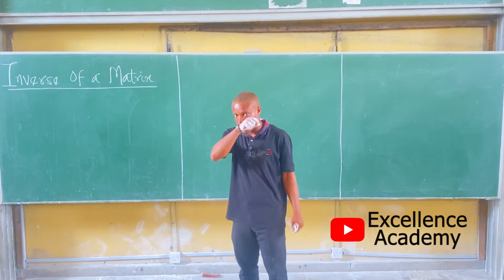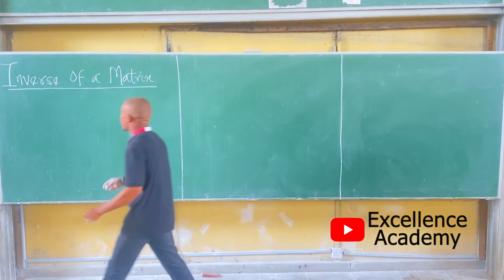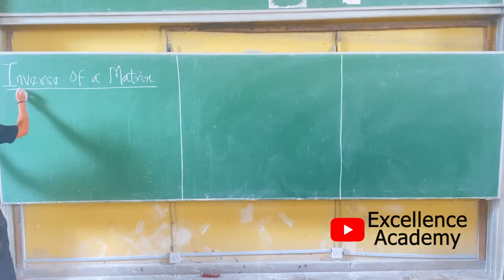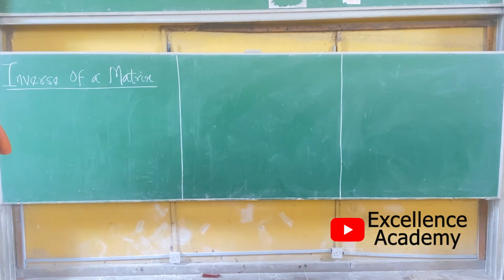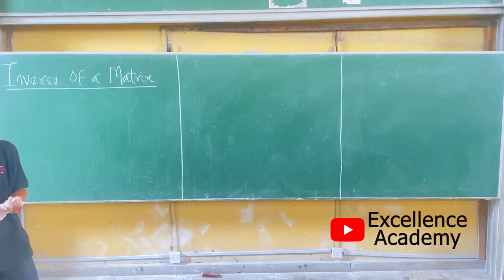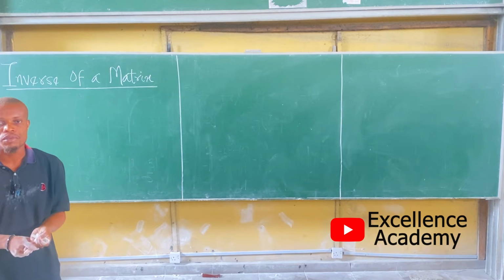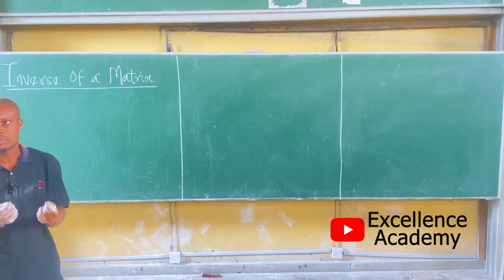All right, let's look at the inverse of a matrix. Of course, we have a 2 by 2 matrix and a 3 by 3 matrix, and this follows a different approach.